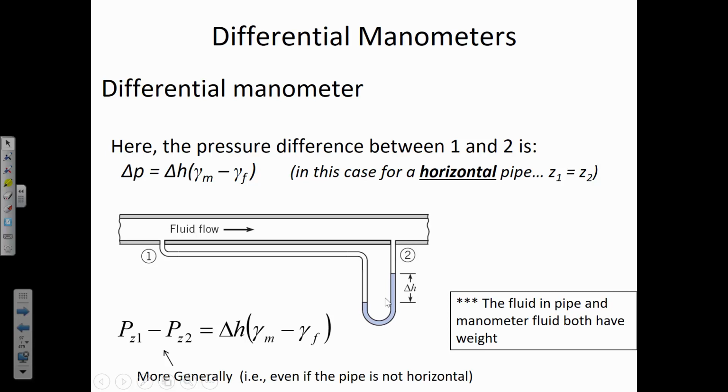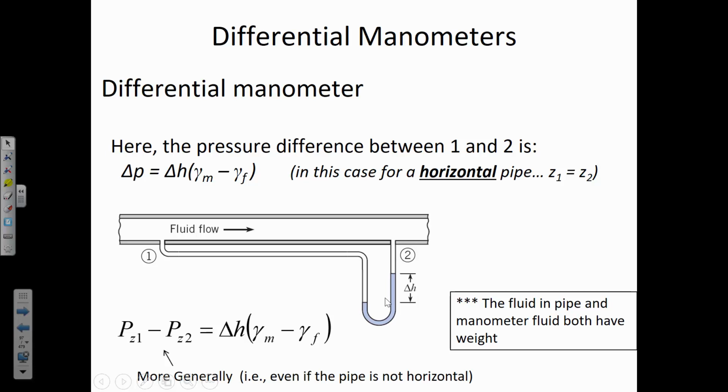But what I've just said is there's something else besides P: there's P sub z. Now P sub z means piezometric pressure, and that's defined as the pressure at some location plus gamma times the z at that location.